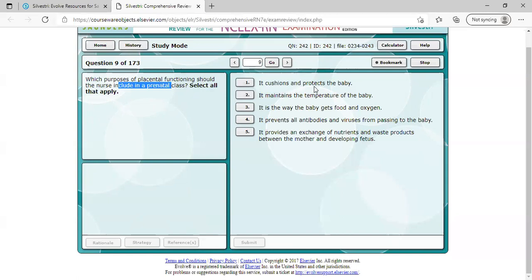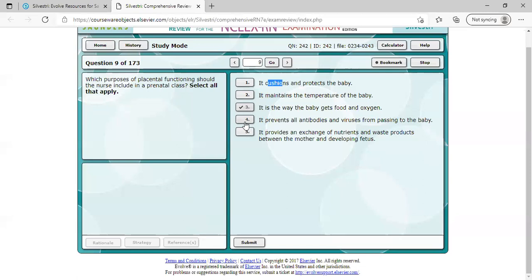It cushions and protects the baby. It does not work as a cushion. Amniotic fluid does that, right? It maintains temperature. Amniotic fluid maintains temperature. It is the way the baby gets food and oxygen or nutrients from the mother. Yes, right?